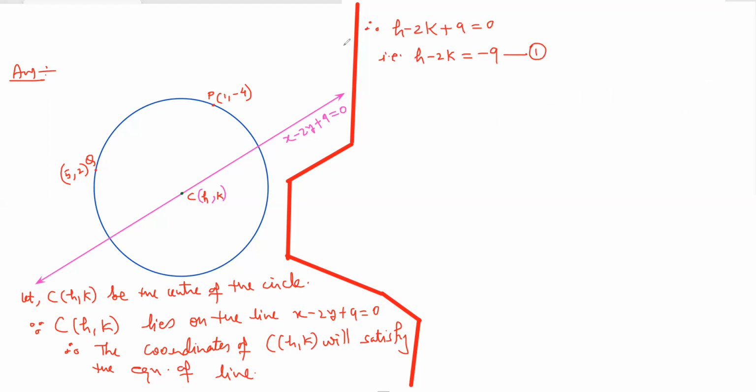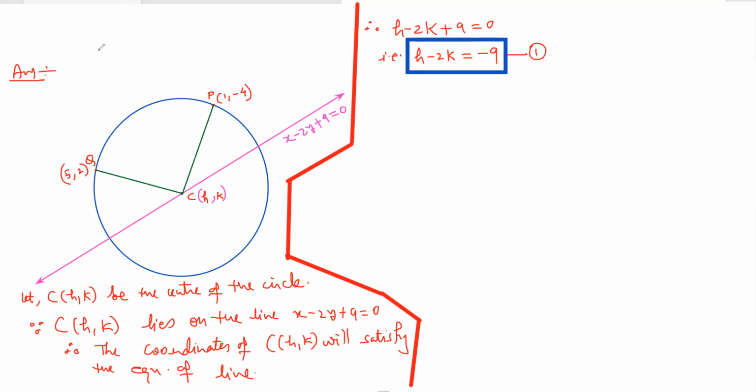I got one equation in h and k. I need one more equation in h and k. What will I do? Very simple. Now I shall write: point C being the center, the distance of point Q from the center and the distance of point P from the center will be equal.